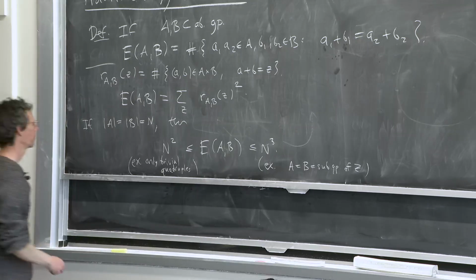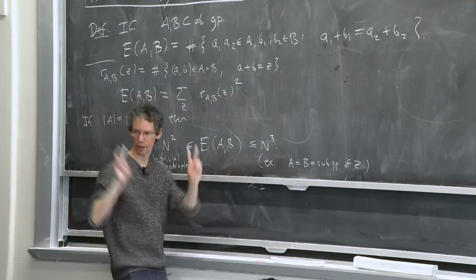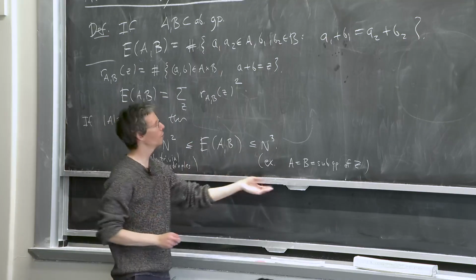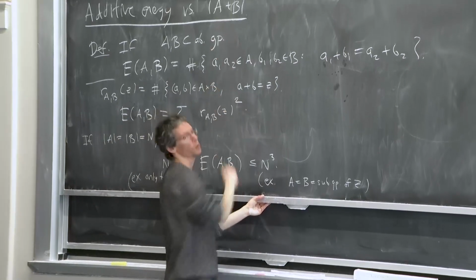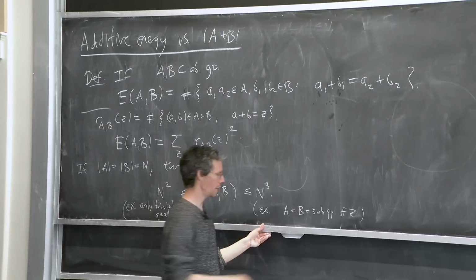So having large energy is sort of having a lot of additive structure. Before, we were thinking that if A plus B is small, then that would mean there's a lot of additive structure. How are those related to each other?